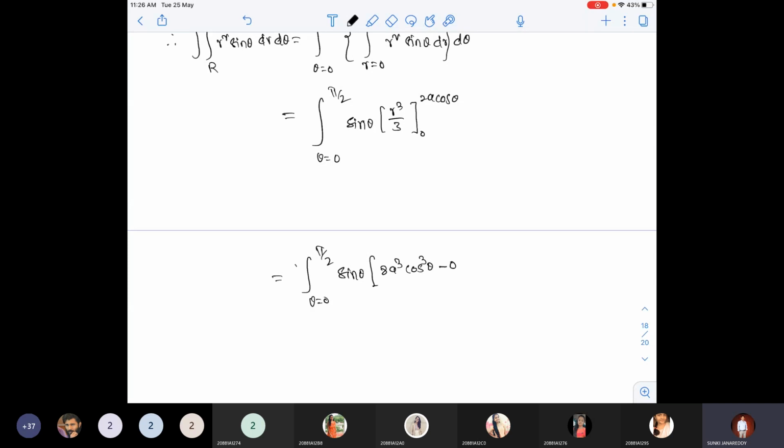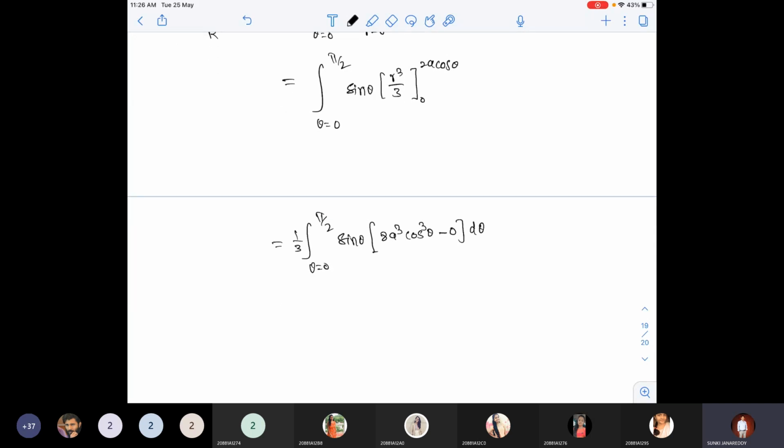Here I am writing 1 by 3 outside, into d theta. Next, 8a cube by 3 integral theta is equal to 0 to pi by 2.